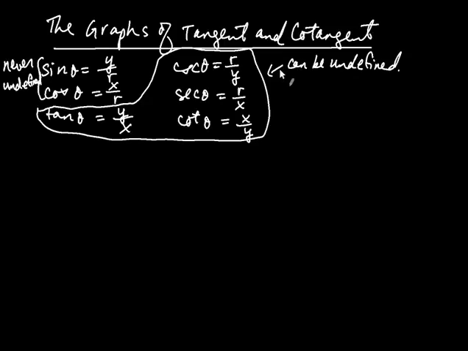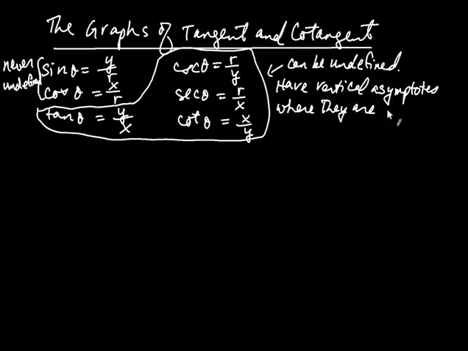Now, it turns out, as we're going to see, that everywhere these functions are undefined, they have vertical asymptotes. Let's write that down as well. So these have vertical asymptotes where they are undefined.